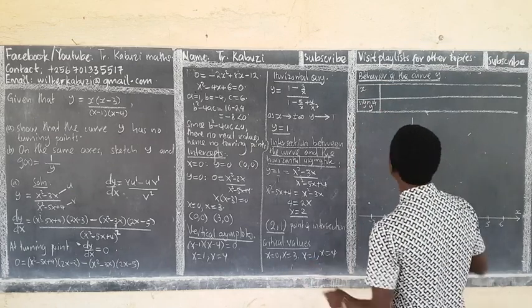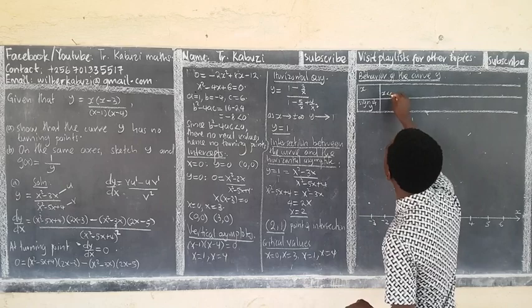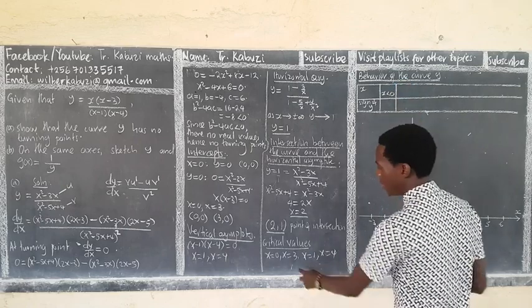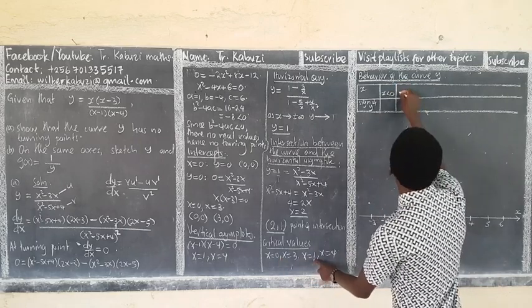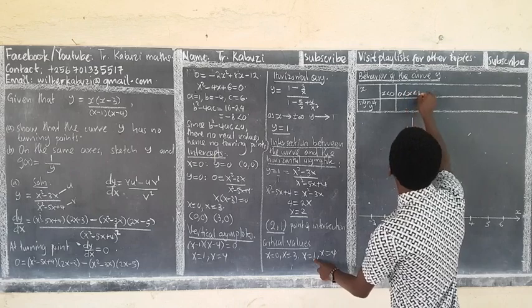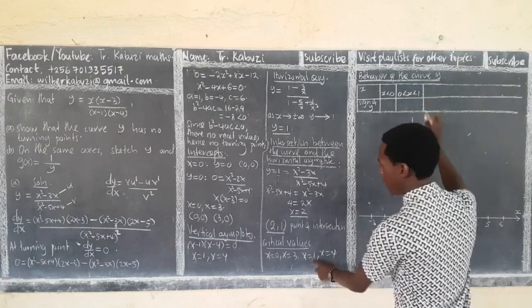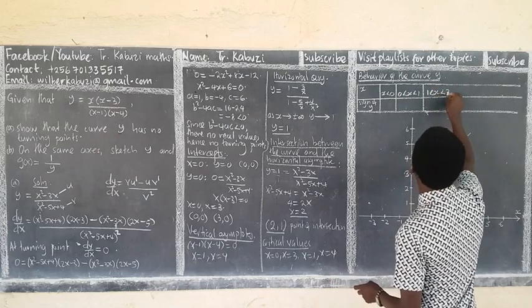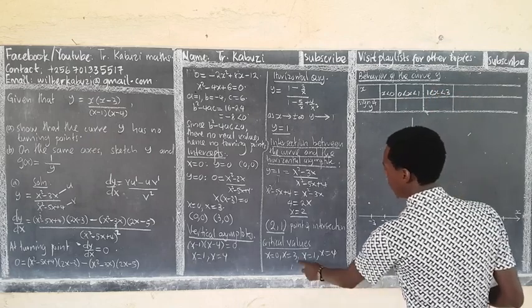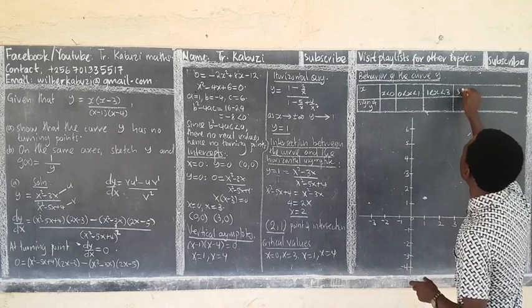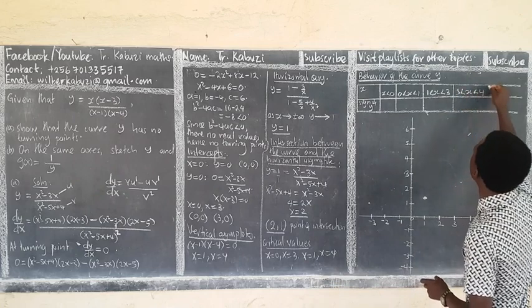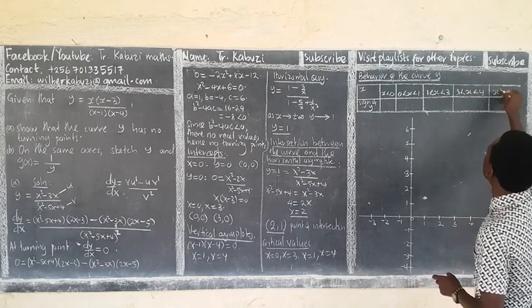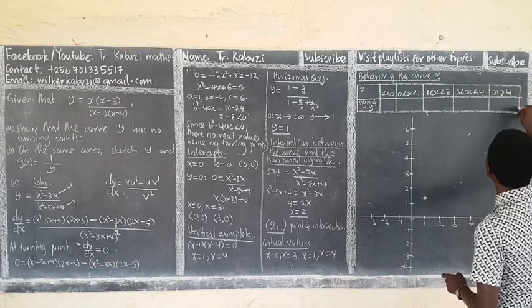The smallest is this. So we analyze below the smallest, between the smallest and the second smallest, so between 0 and 1, then between 1 and 3, then between 3 and 4, then above the greatest, which is x greater than 4.